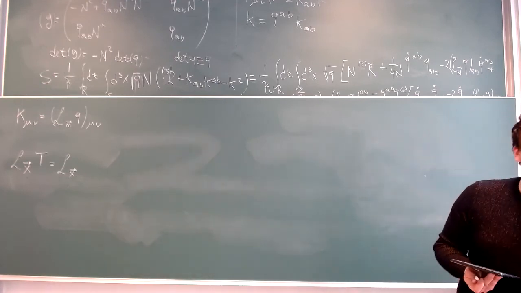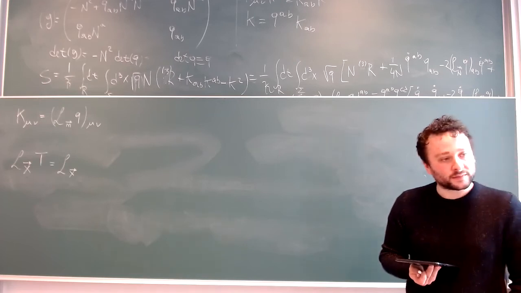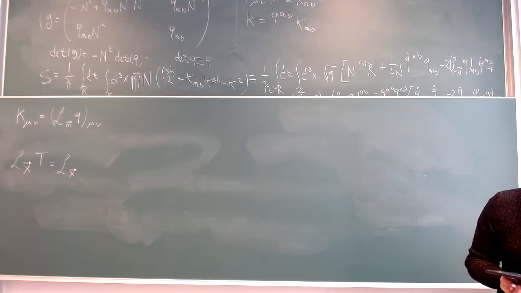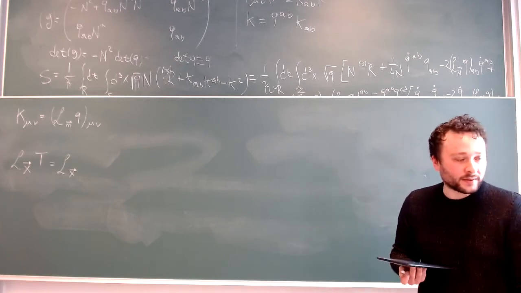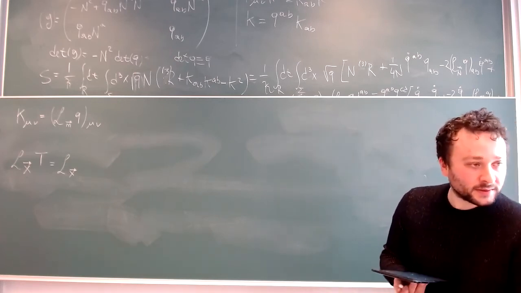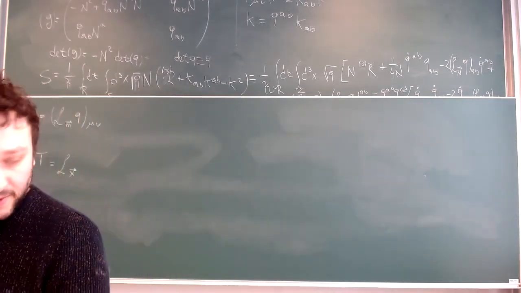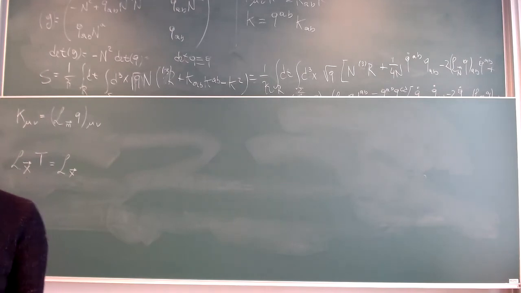No, it's not only about being compatible with the metric. You can do it if there's torsion. It's the Levi-Civita. You only said compatible. No, I said it's Levi-Civita. It has to be. I don't know if it's true otherwise.